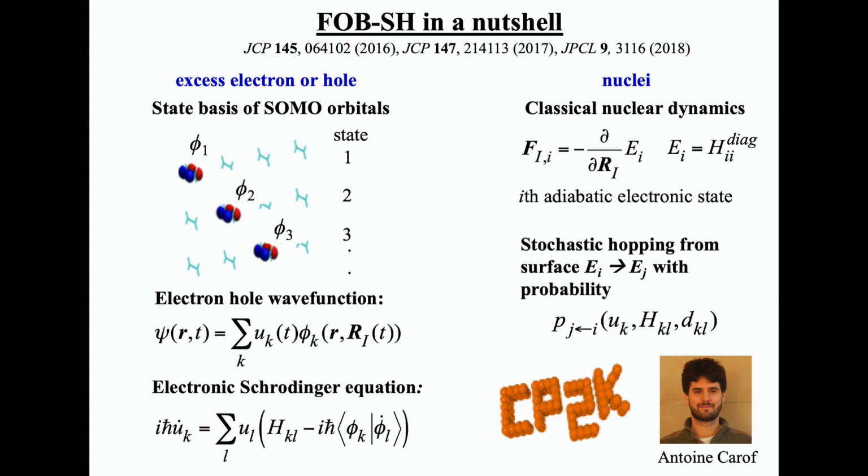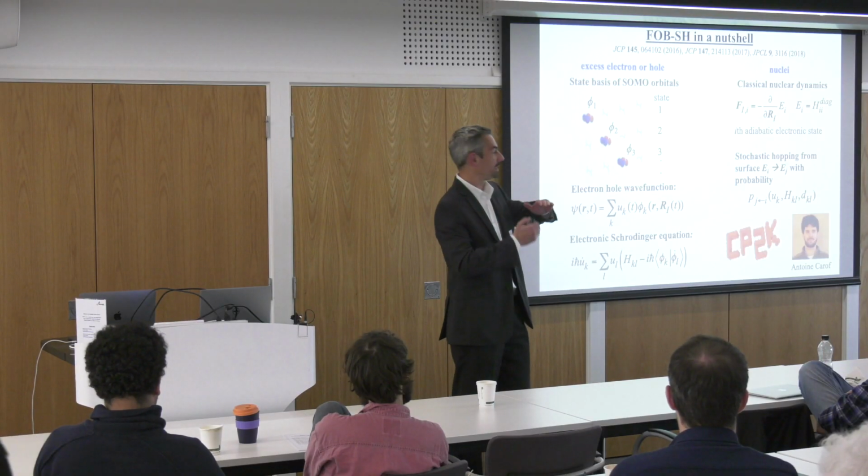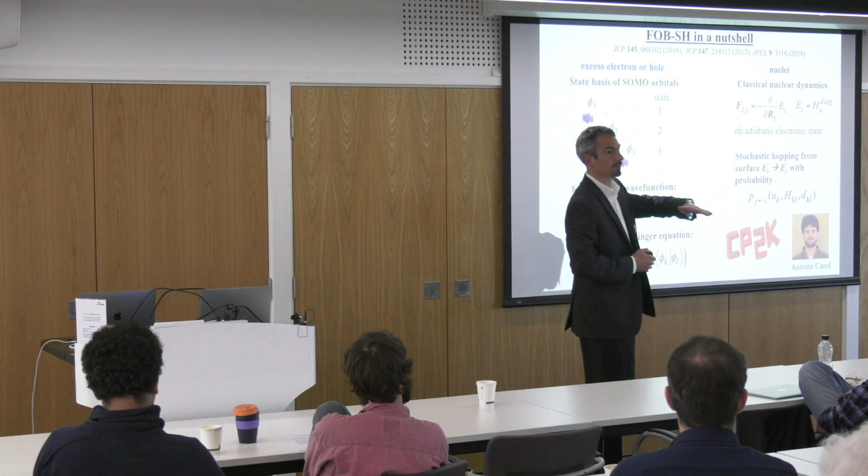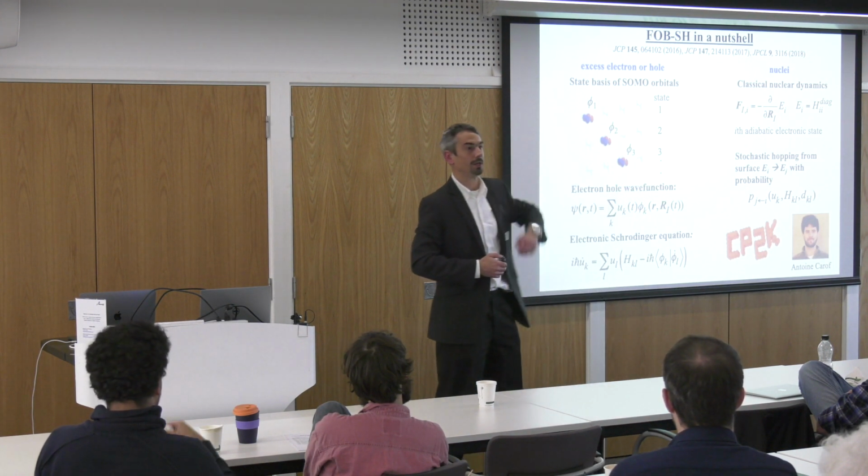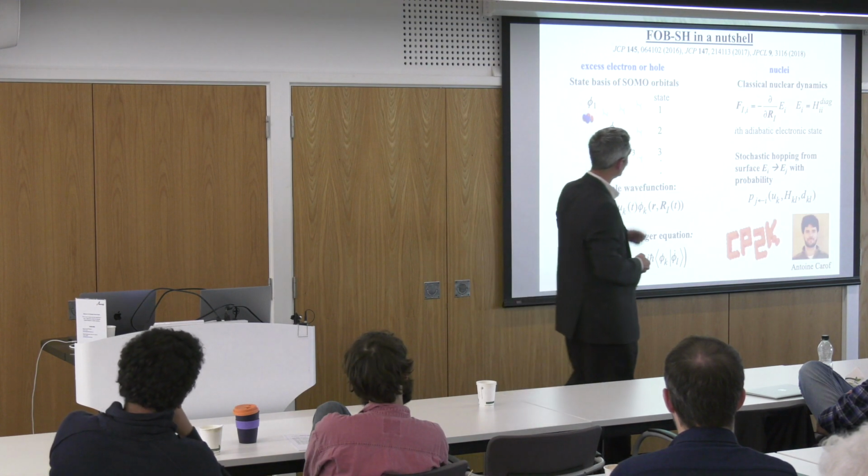And remember, I told you, we have to couple this to the nuclear motion. And the nuclear motion, since we treat the nuclei classically, is nothing else than Newton dynamics with the forces derived from the eigenenergies of that Hamiltonian here. Okay, but this is not all, because we have to allow that our nuclei not only move on the ground state but also on the whole manifold of electronic states, including the excited states.